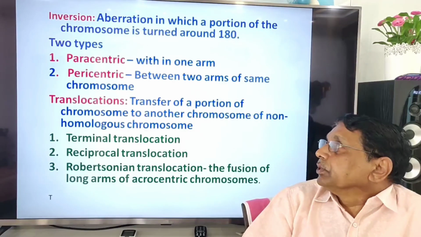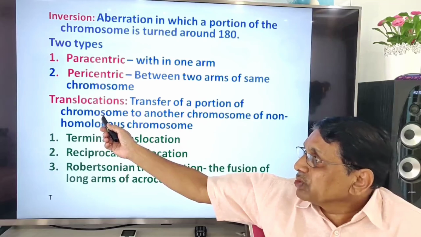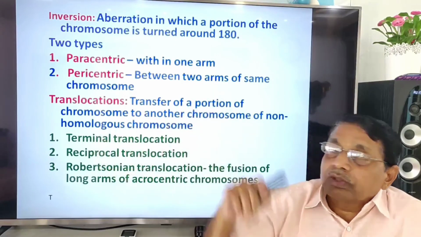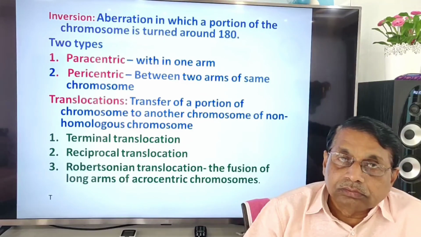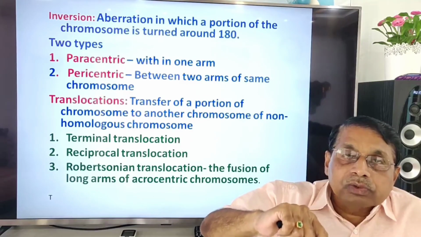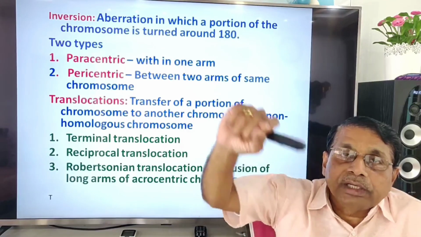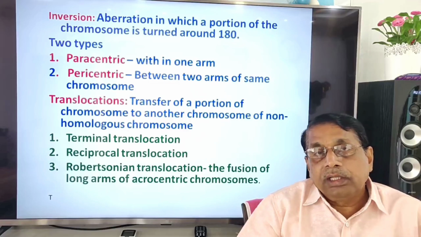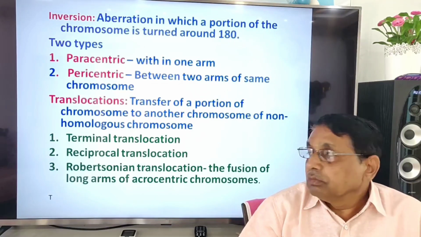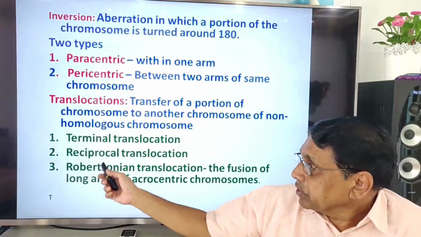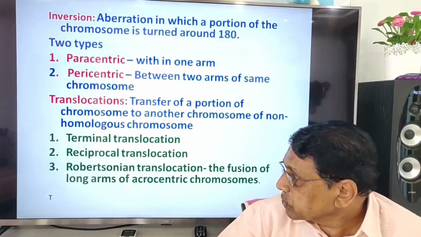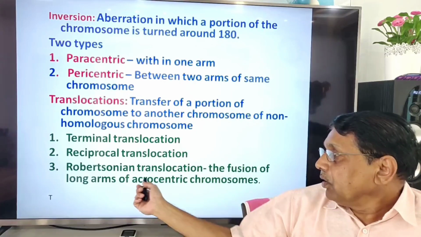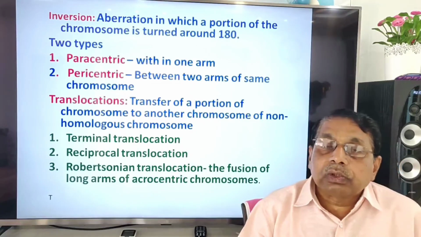Translocation, transfer of a portion of a chromosome to another, non-homologous chromosome. For example, from the 12th chromosome, a small part is taken out and inserted on the 19th chromosome. 12th and 19th are non-homologous. Terminal translocation, reciprocal translocation, Robertsonian translocation, the fusion of long arms of acrocentric chromosomes.